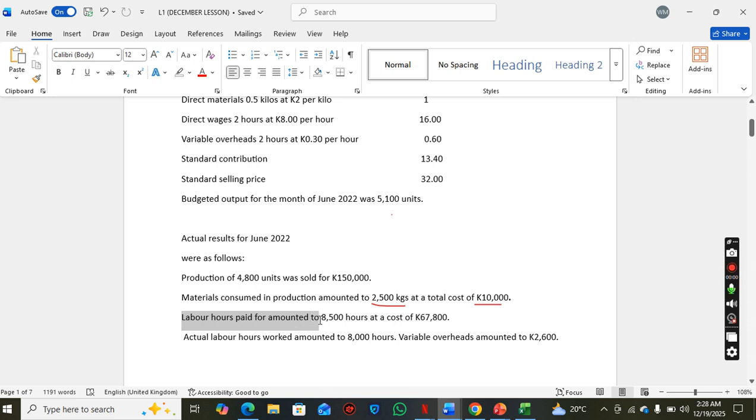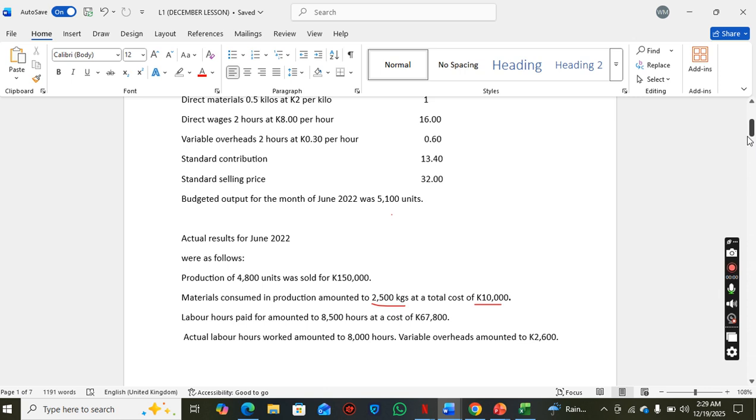Labor hours paid for amounted to 8,500 hours at a cost of 67,800. Actual labor hours worked amounted to 8,000 hours, and our variable overheads amounted to 2,600. So first we're going to start with the material variances.